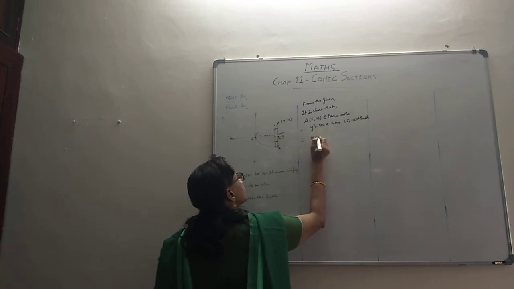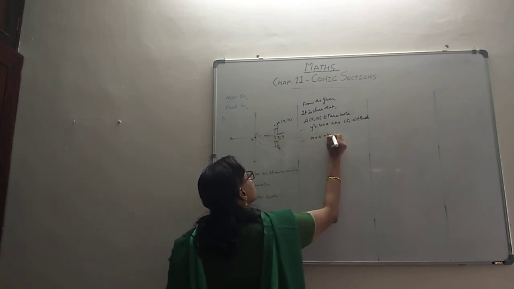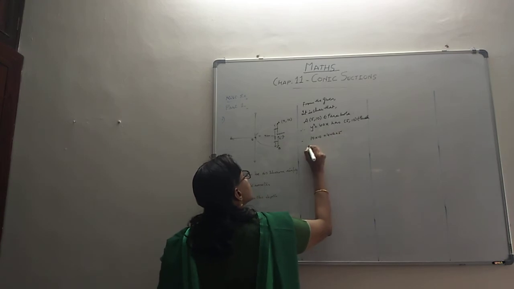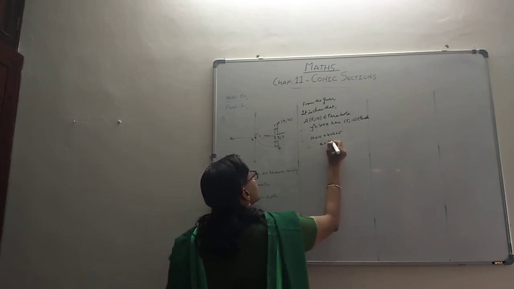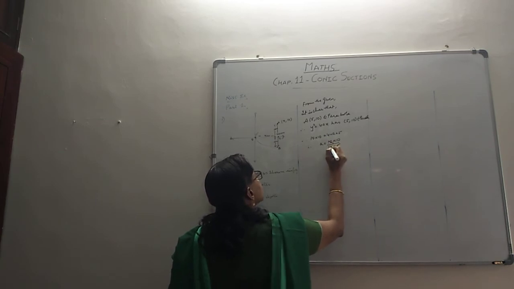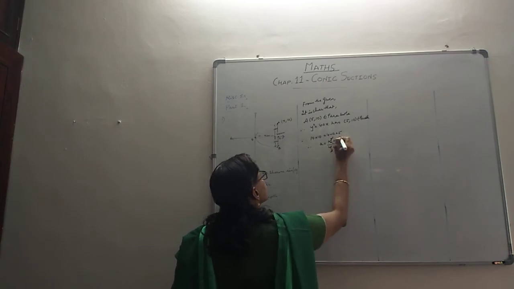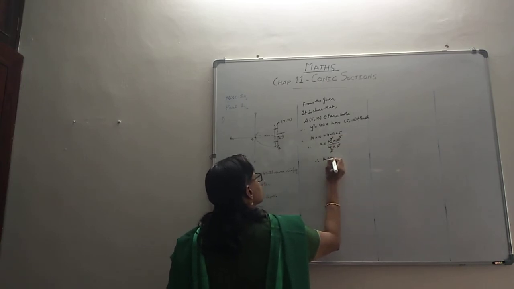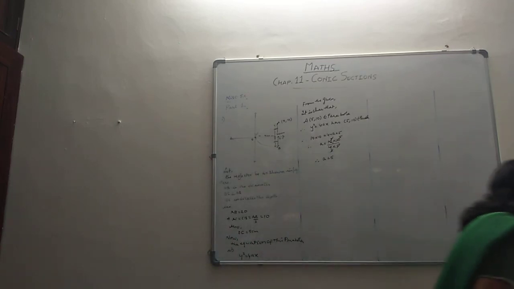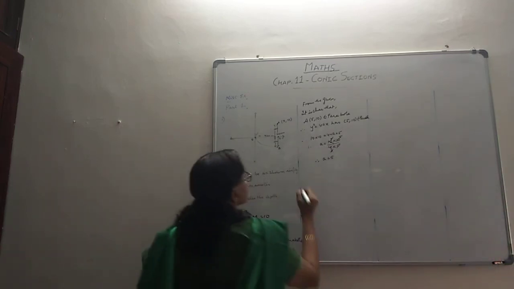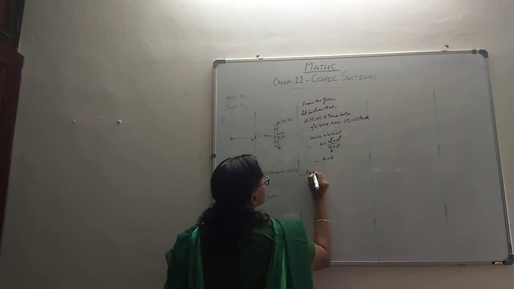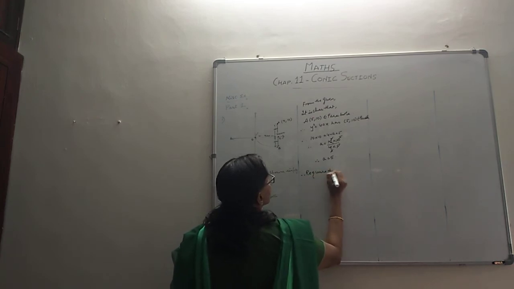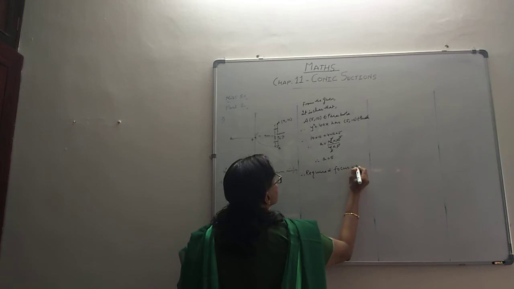So 10 into 10 equal to 4 into a into 5. Like that, you will get the a value as 10 into 10 by 4 into 5. So 2 fives are 10, like that, a will come as 5. That's what they have asked us. What is the focus, isn't it? So focus is this. Therefore, the required focus is 5 centimeters, can we tell?